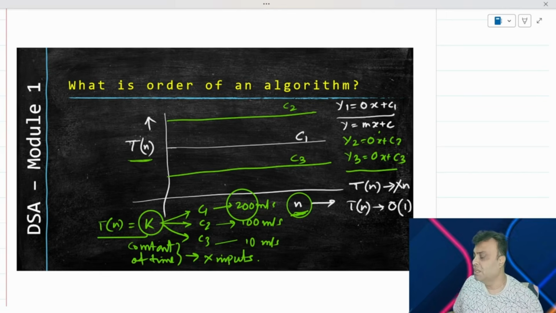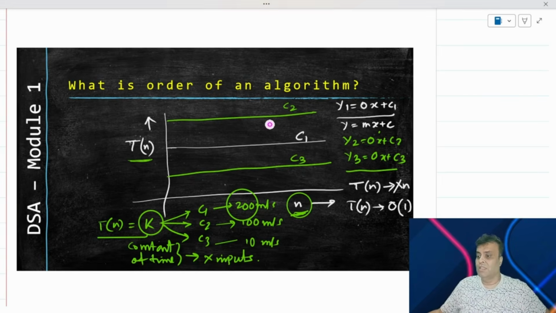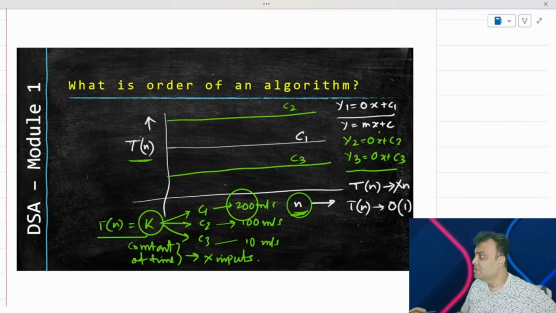You multiply 1 in a faster machine by some milliseconds. You multiply 1 in a slower machine by some more milliseconds, right? The crux of the matter is that the line will still remain the same like this. So all of them will execute with an order of 1, which means it will not depend on the number of inputs.